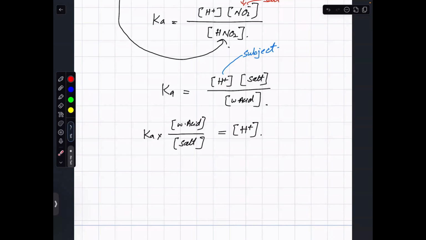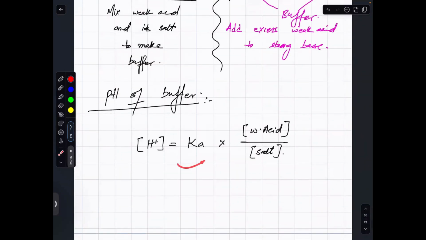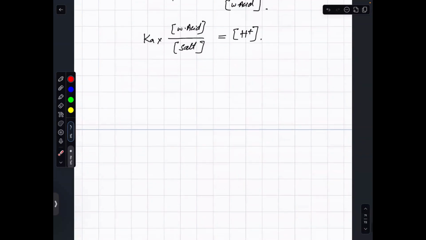So if I know the concentration of weak acid and salt and Ka, can I get the H plus? Yes. Like I know the K value, what I told you. K into weak acid over salt. I can get the pH.